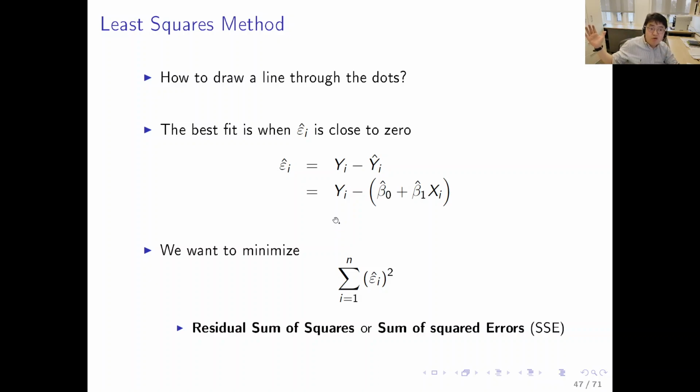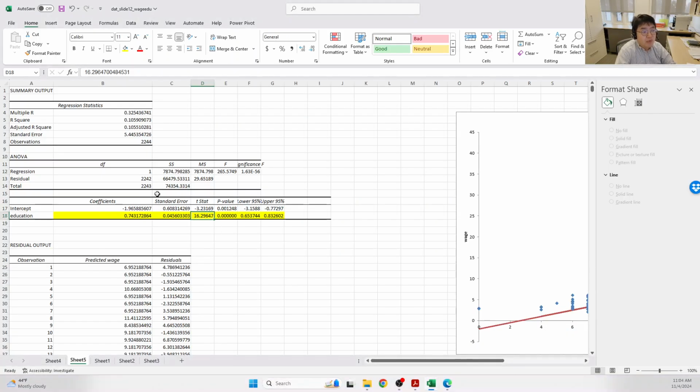And then what we would like to do is minimize the sum of those distances. That is called residual sum of squares. And on Excel, on this table, now we are going back to the ANOVA table.